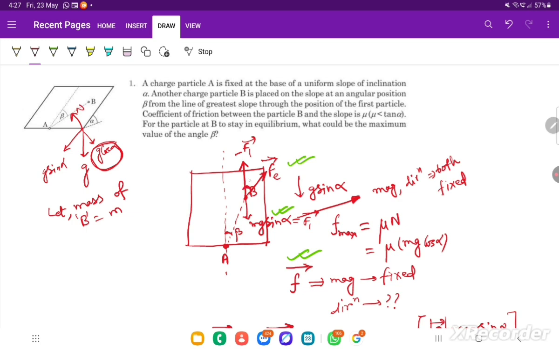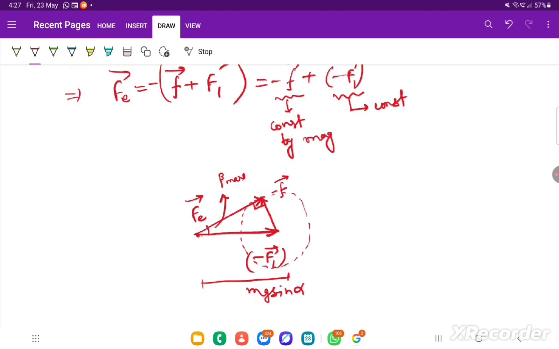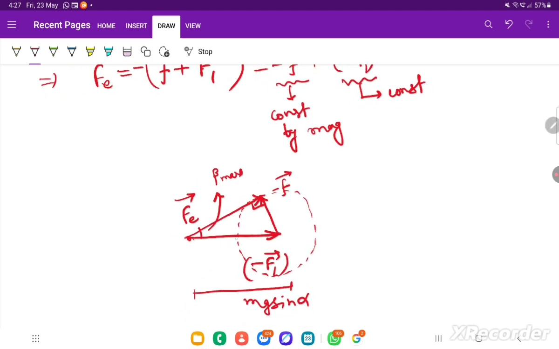And this angle, by geometry, you can see is also beta. So the angle between the minus F1 vector and the Fe vector is nothing but beta. In here also I have shown that minus F1 and Fe, these two vectors subtend angle beta, and in the critical case I have denoted this as beta max.